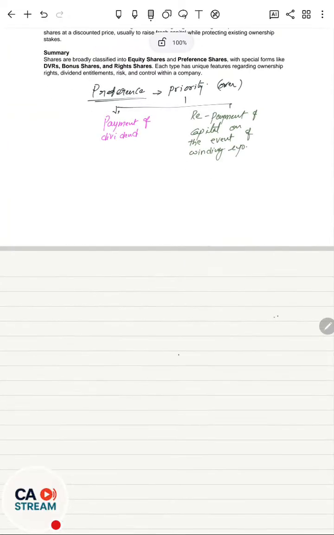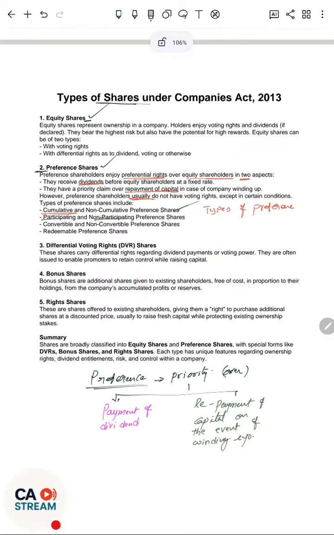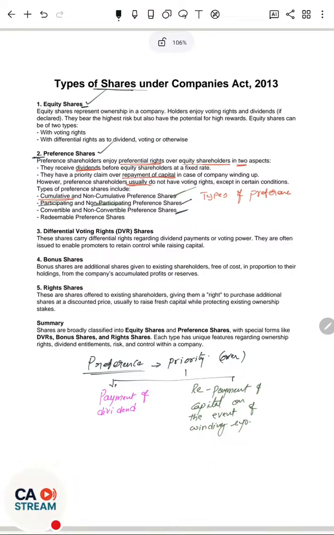Now let me go back. So here: cumulative, participating, and convertible and non-convertible. Non-convertible is nothing but easy, sir. Say, for example, a shareholder has taken preference shares, but later he wants to convert them into equity shares.